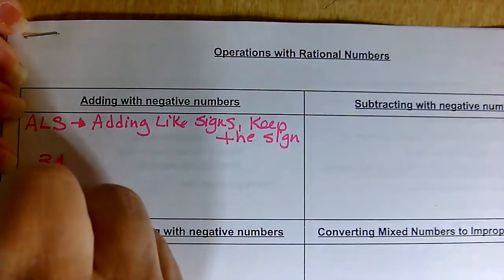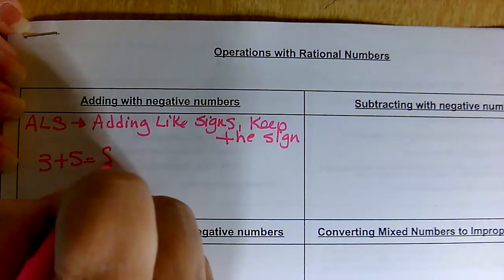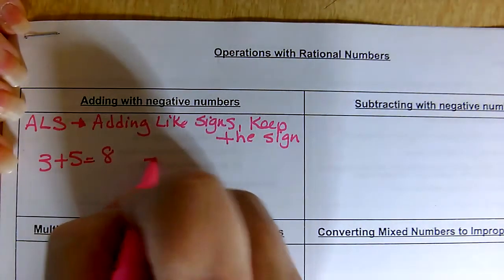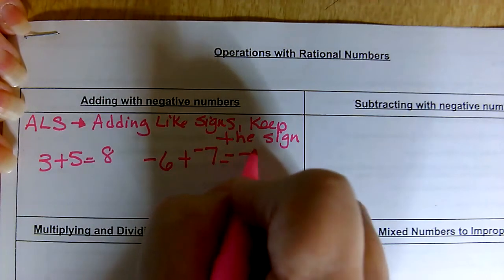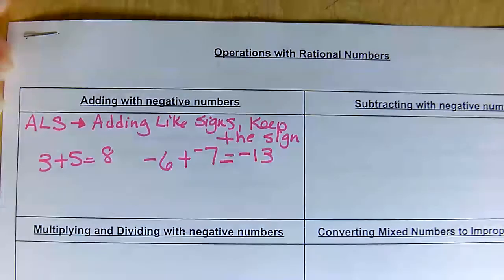Like 3 plus 5 equals 8. Negative 6 plus negative 7 equals negative 13.